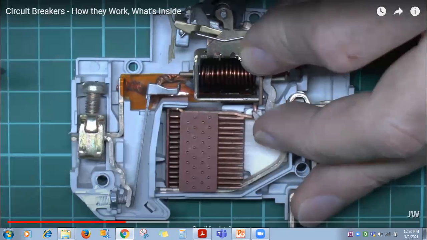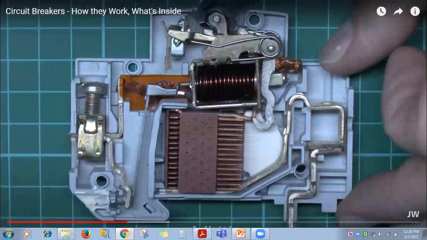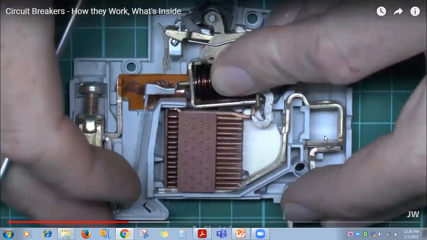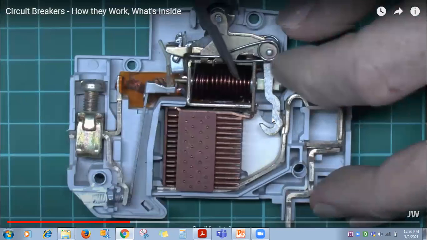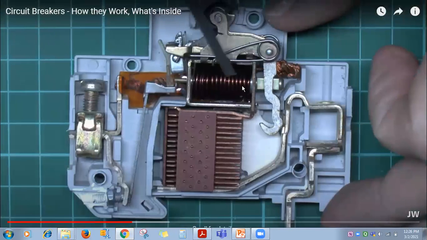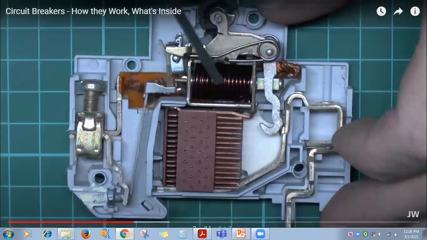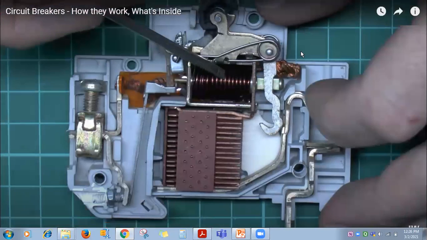In case of short circuit, the magnetic field produced by this solenoid pushes the plunger so that these two contacts become open. See, now it's showing. See, these two are connected. Consider a short circuit is there. The magnetic field produced by this solenoid will push this plunger so that this latch causes the switch to go to the off position.